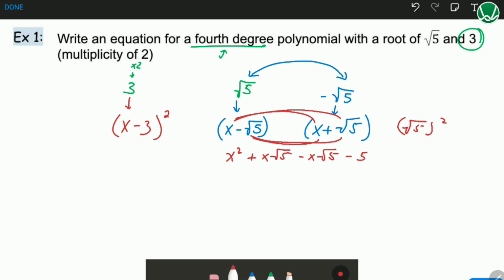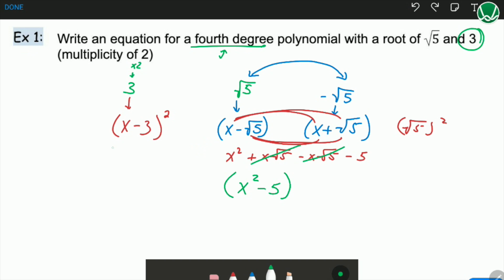There's a number of ways I can go about doing this. In fact, I can also remember that these two are conjugates, which means the middle 2 terms will cancel out, leaving me with x squared minus 5. So we've now distributed that part out. Let's go ahead and take care of the other factors. You can do this in two ways.